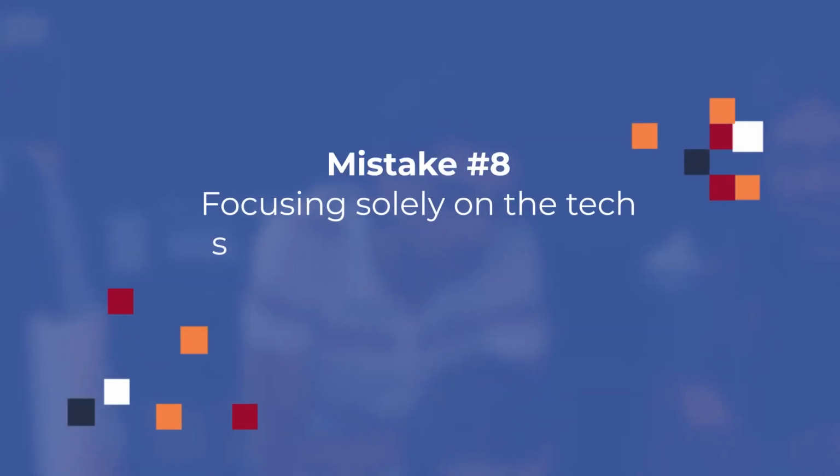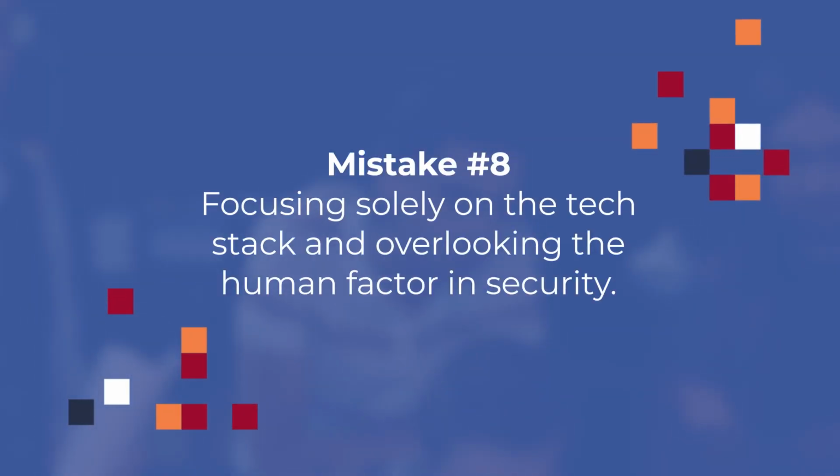Mistake number 8 could be focusing solely on the tech stack that you have. One key element, which you touched upon just earlier, is the human factor, right? A lot of the security breaches that happened over the past decade happened because of a user or an employee in your company mismanaging or mishandling credentials or whatnot, right?